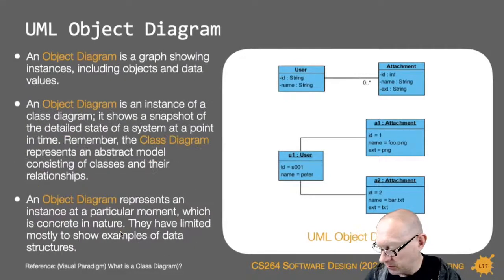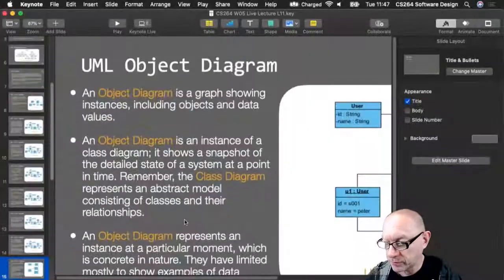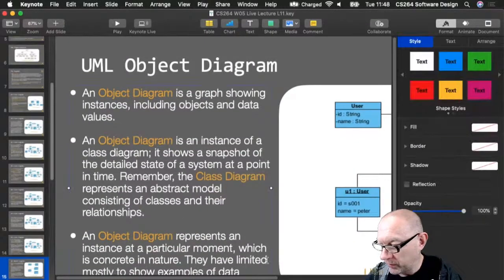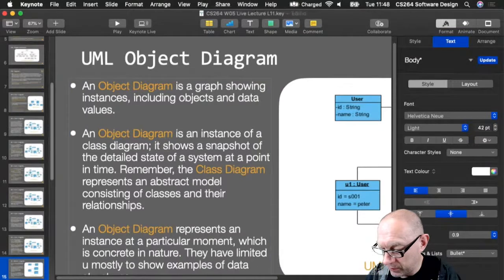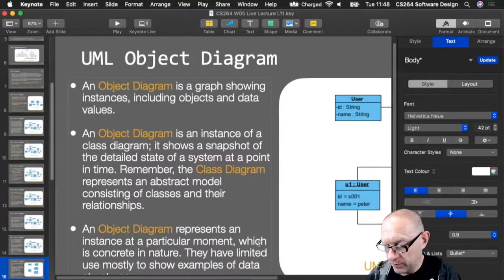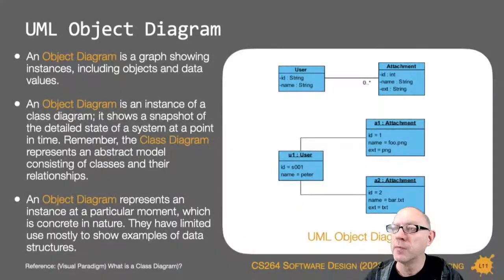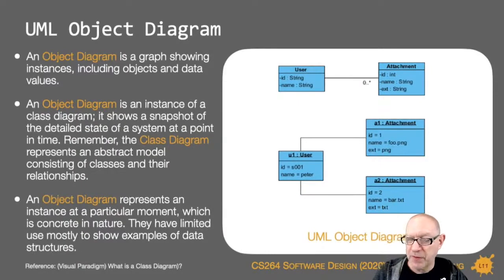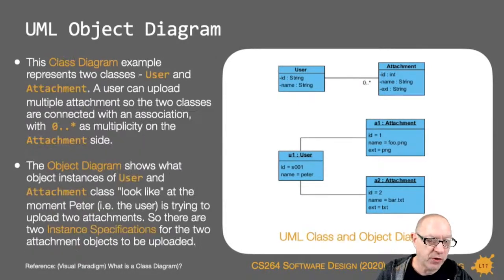Okay, so I'm just going to go back up and fix this because it's worthwhile here. Yeah, they're of limited use. It's mostly to show examples of data structures. As we've said already, in this particular diagram, we have a user and attachment.